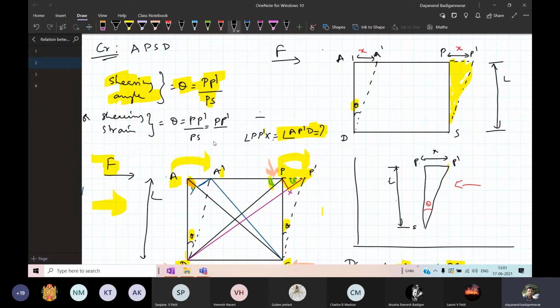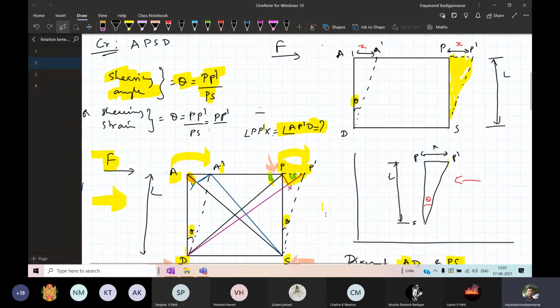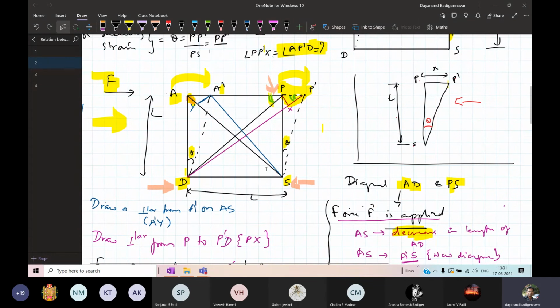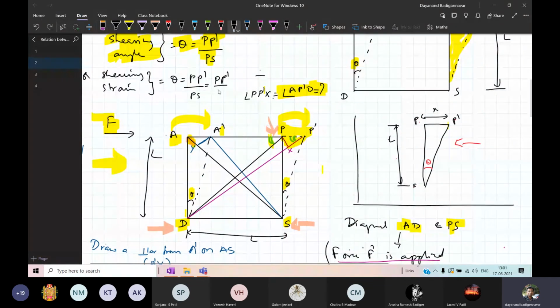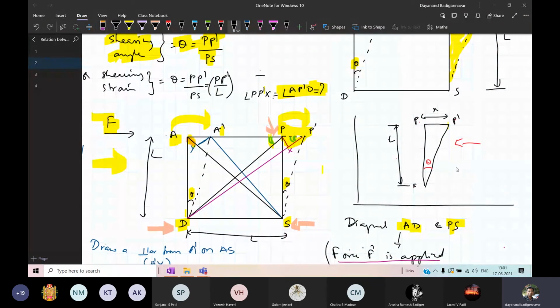What is this PS? PS is nothing but a side of the cube. Therefore, I can take it as L. So here it is actually tan theta. So tan theta is equal to P dash divided by L.